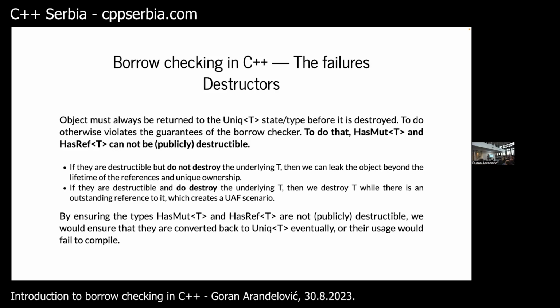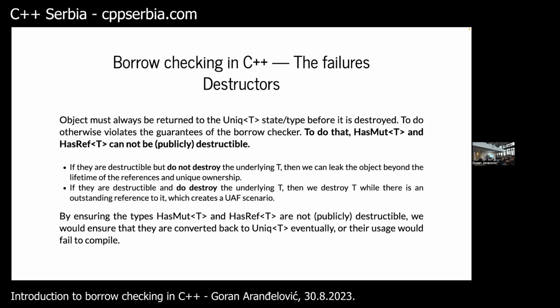But unfortunately, these types also have their own destructors. And in order to be able to fully control the transition between the states, so that you are the only one who can transit and who can even destroy these newly created states, the destructors of these types mustn't be publicly available. So that's, let's say, one of the constraints.